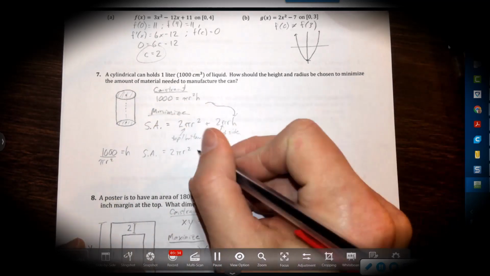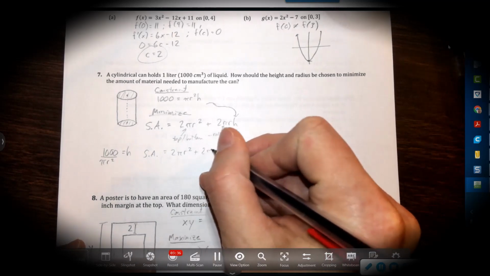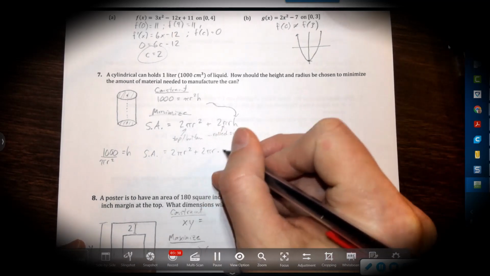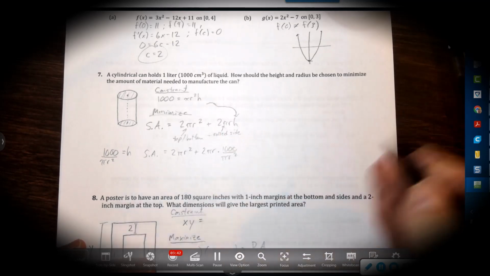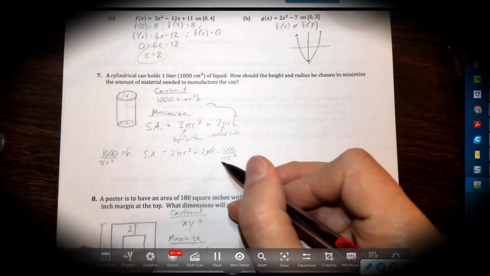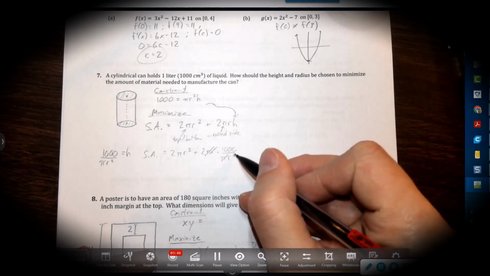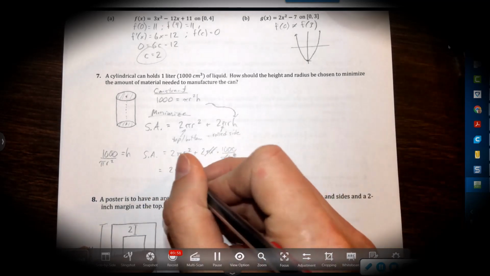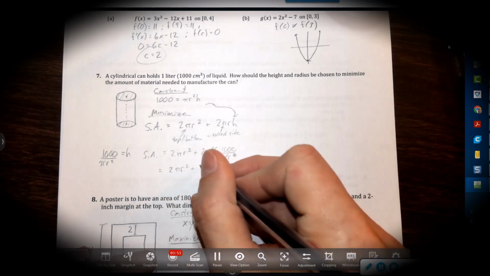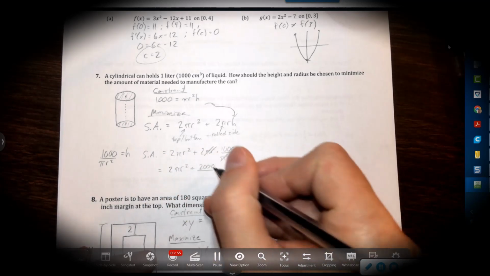So now we've got plus 2 pi r times 1,000 over pi r squared. So we've got the pi's canceling, one of those r's canceling out, and we get 2,000. So we end up with 2 pi r squared plus 2,000 over r.